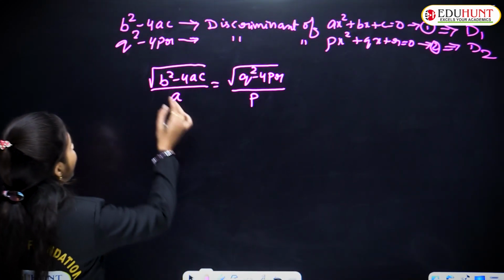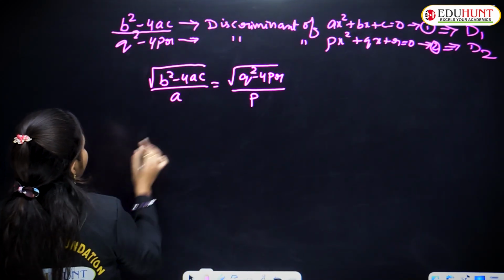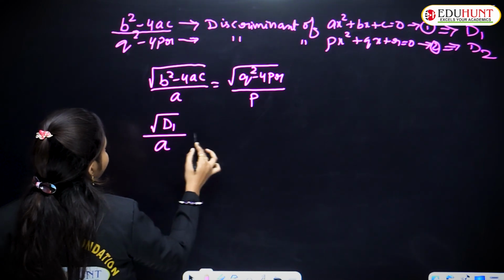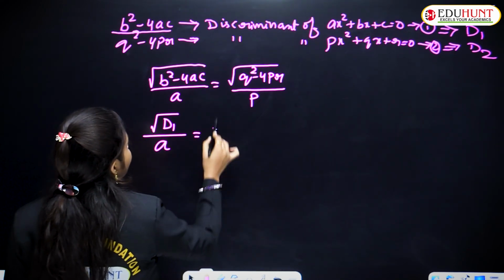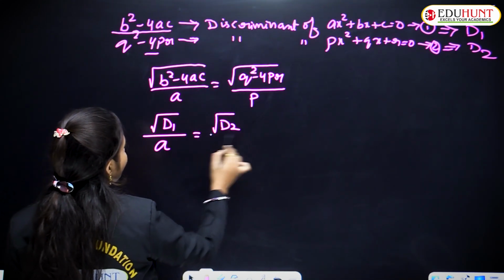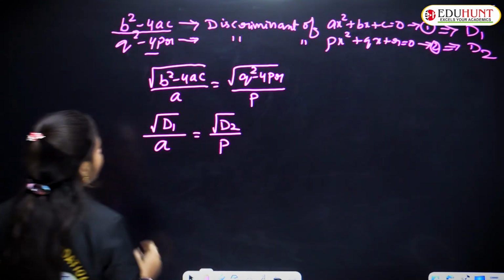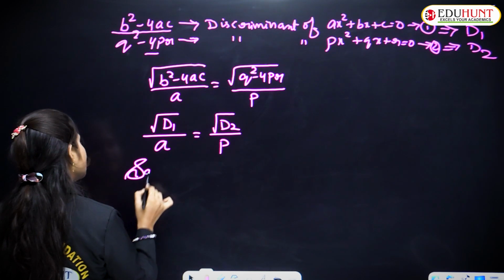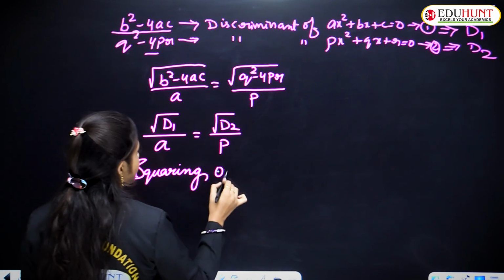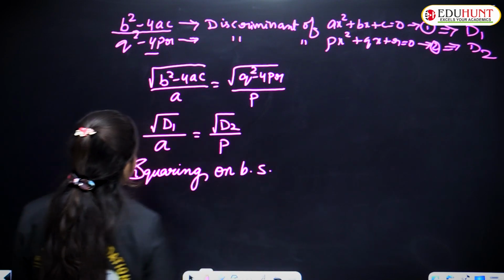Okay, so in place of b square minus 4ac, that is square root of D1 by a, which is equal to square root of D2 by p. Okay, now squaring on both sides.